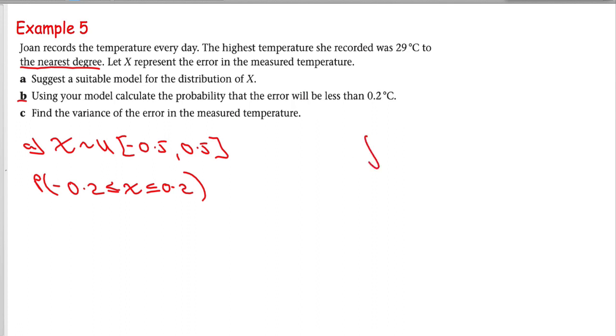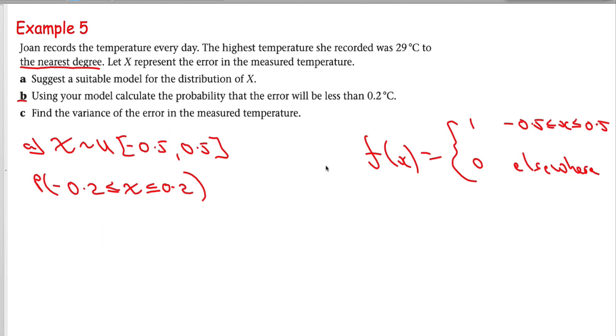So f of x is going to be 1 when it's between minus 0.5 and 0.5 and 0 elsewhere. Now, if we think about it, the width of this interval goes from minus 0.2 to 0.2, which means it's going to be a width of 0.4. The height is 1, so 0.4 times 1 gives us 0.4.